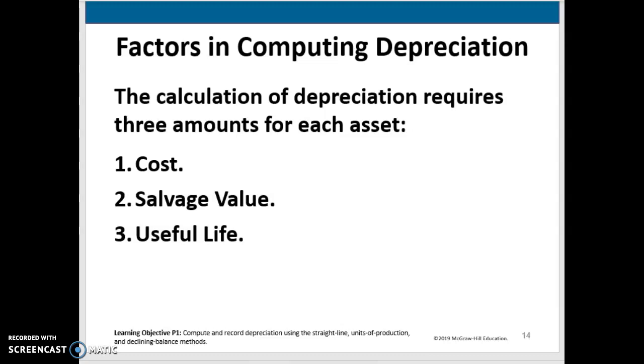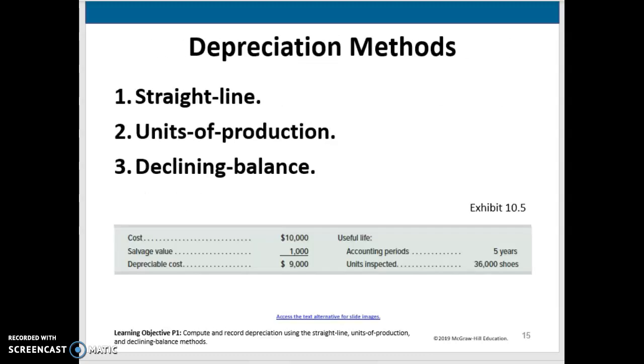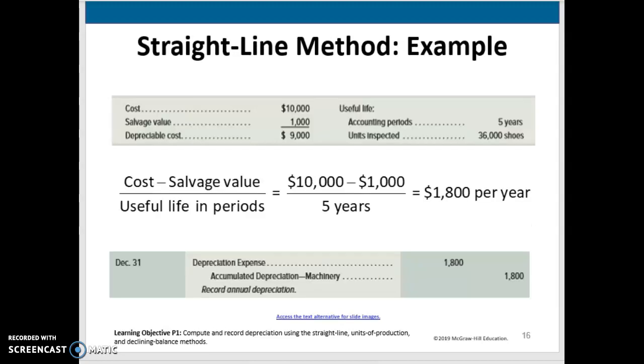So our first method, again, is straight line. We've seen that before. Straight line is where we take our cost minus the salvage value divided by the useful life. In this example, they show us that we have a cost of $10,000, a salvage value of $1,000, and we expect it to be useful for 5 years.